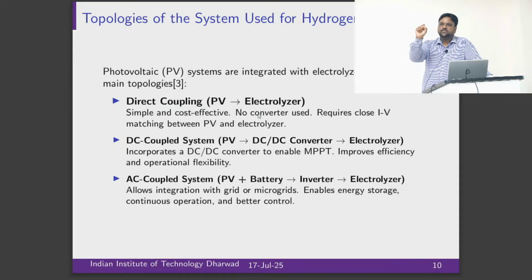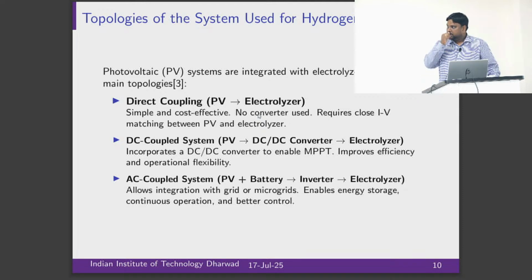If you can achieve that reference voltage, at that voltage you will maintain the maximum power point. Through that voltage control you control the DC-DC boost converter, so it will make sure that at the output of the DC-DC converter you maintain the maximum power, and you can utilize whatever you want to utilize. It also improves efficiency and operational flexibility.